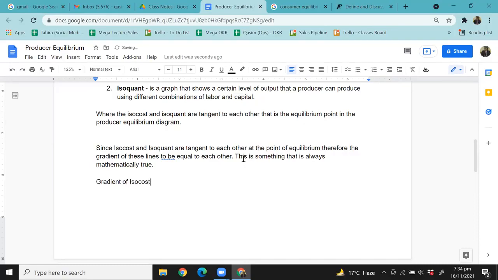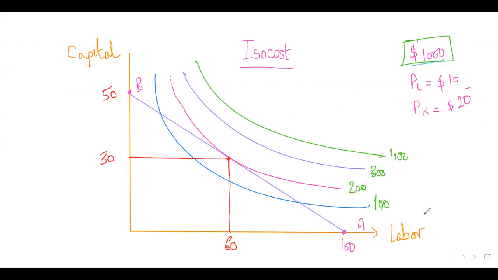So the gradient of a normal downward sloping line like the isocost will be the price of the resource on the x-axis, which in this case is PL, price of labor, divided by price of capital.